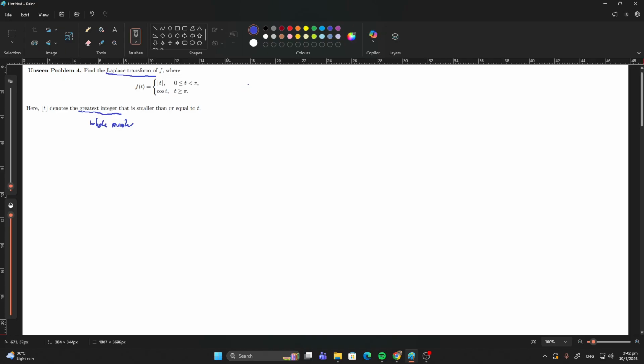So what does this mean? This means that the t over here spans between 0, 1, 2, 3, and then 3.14. Technically my t will equal 0 over here, and over here my t will equal 1, for 1 less than or equal to t less than 2.